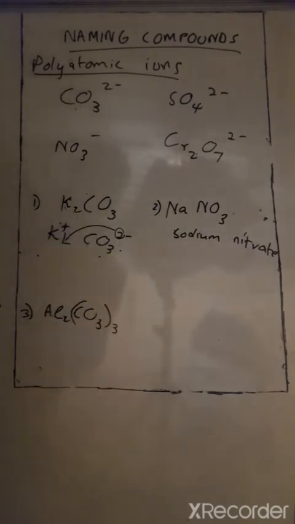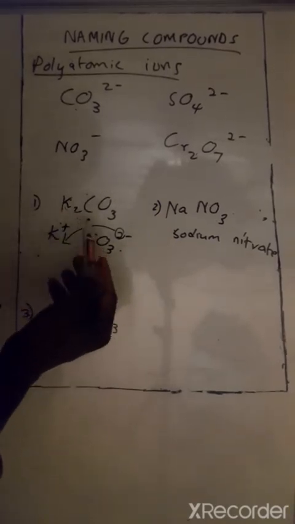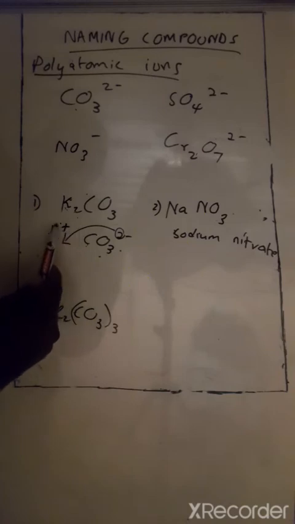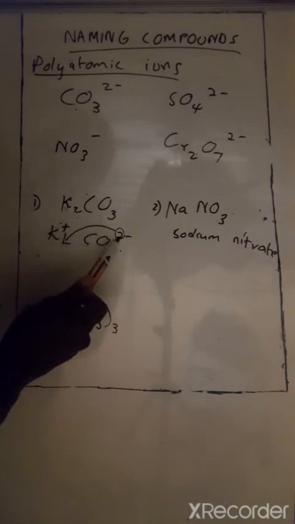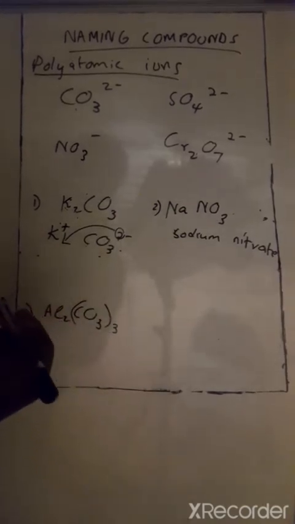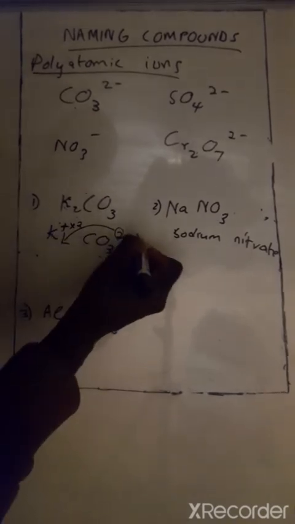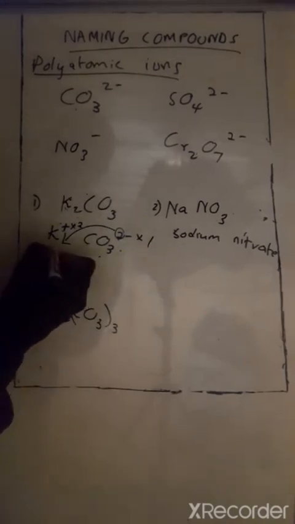Another way of doing this, you can balance charges. How do you balance charges? You want a number, when you multiply it by 1, then you add it to this, and you get 0. What number is that? 2 times 1, what are you going to have?